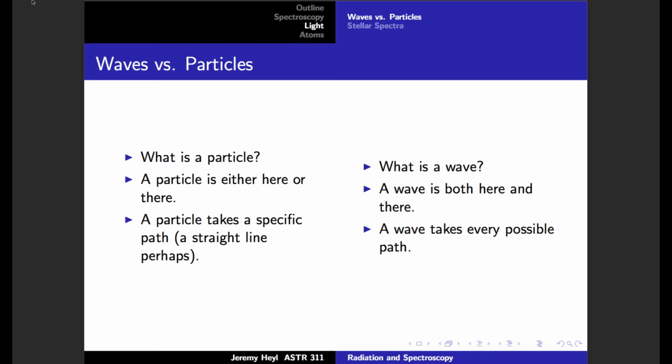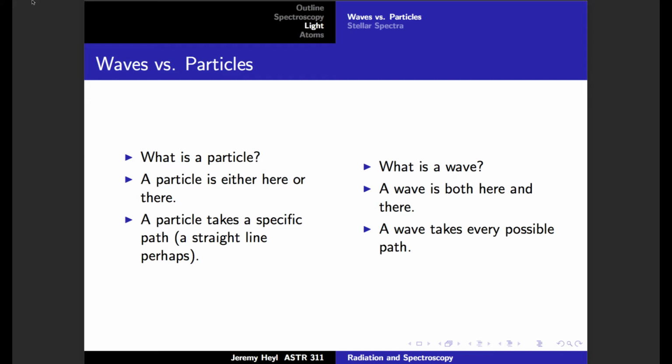And by the same token, when a particle goes from one place to another, let's say I detected it here, and then I detected it there, it's going to take some path between one place and the other. If there's no force on it, it'll take a straight line, which was Newton's law. Whereas a wave, it turns out, will take every possible path.